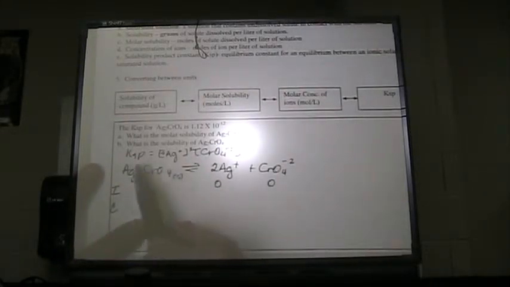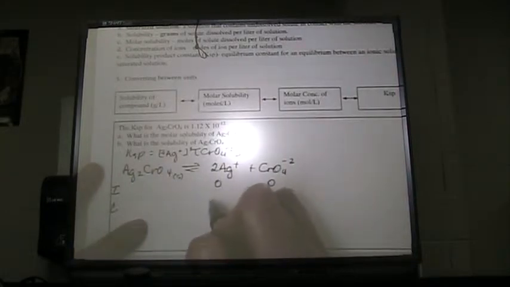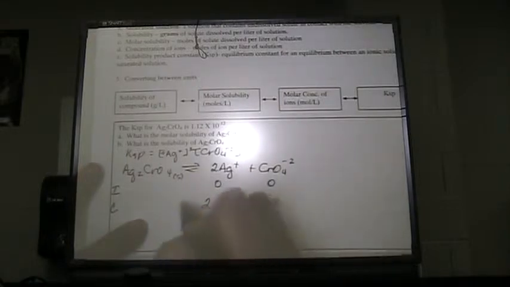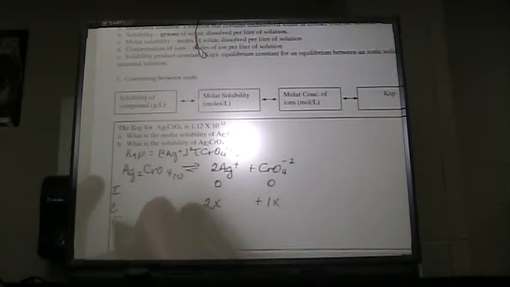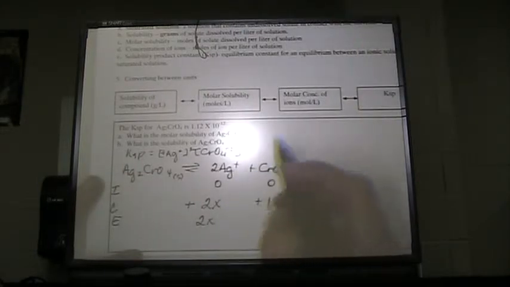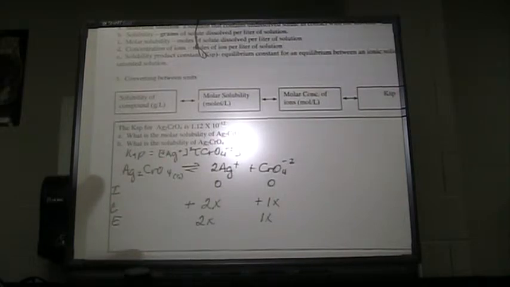But for every one of these that breaks down, 2 of these will be formed and 1 chromate. So at equilibrium, you'll have 2x of the silver and 1x of the chromate. And all you're doing is making sure you're counting your atoms.